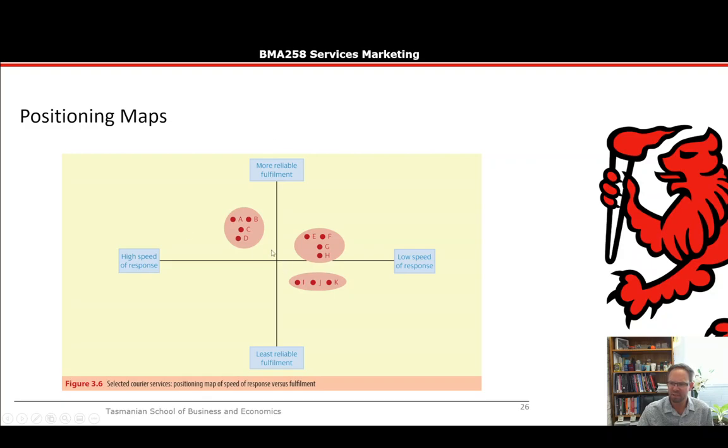Usually these are conceptual. For us, when we do it through marketing research, we can actually put values on there. How often, like reliability, fulfillment. So these are less reliable. They might miss 1 delivery, 2 deliveries, 3 deliveries.